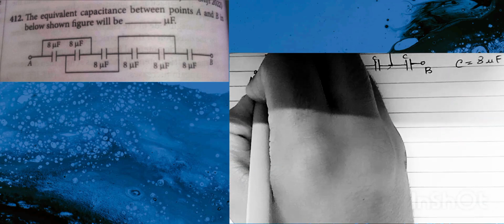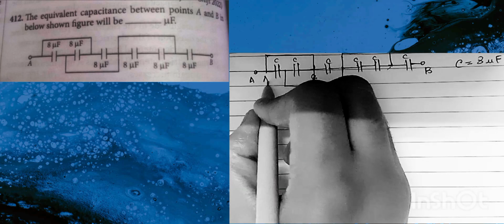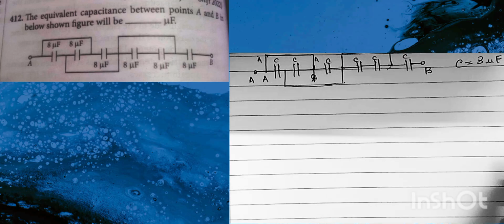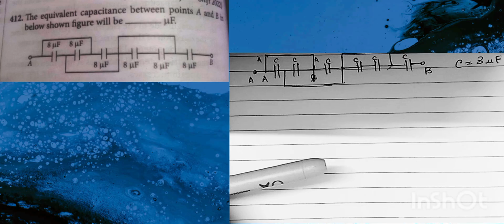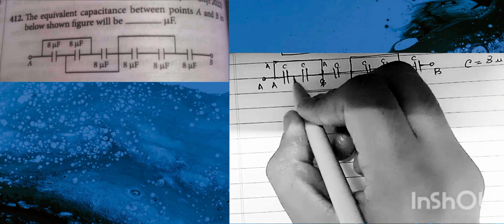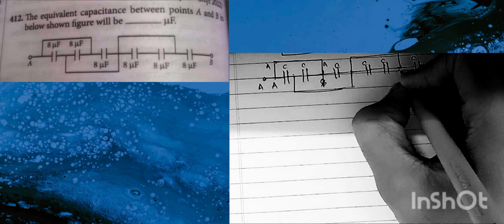So this point will have a potential of A, and each of these points will have potentials of A. And this point will have a potential of, let's say, X, and this X will continue everywhere.